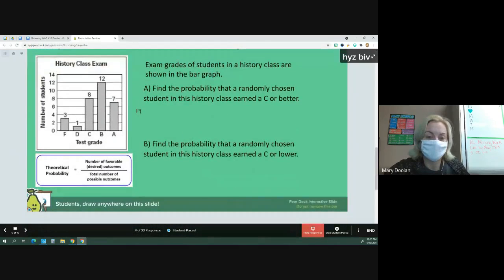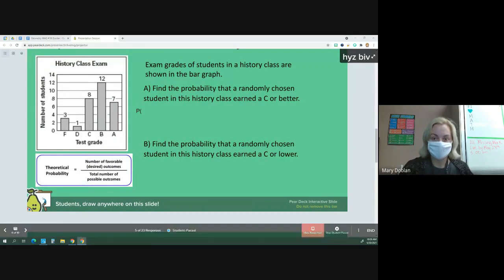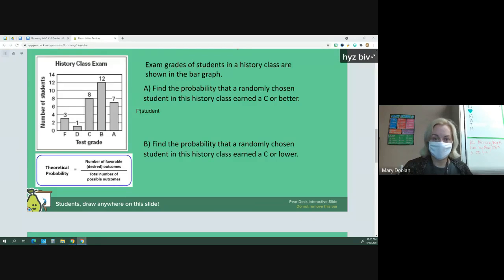And so I have the probability of a student with a, I'm going to do W/ for with, a C or better, to be equal to, in the numerator, number of favorable outcomes, we want to know the number of students with a C, B, or A. That would be divided by the number of total students.